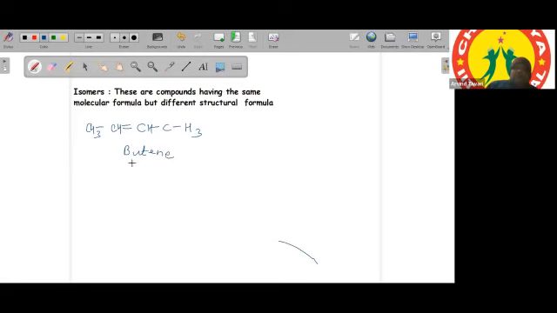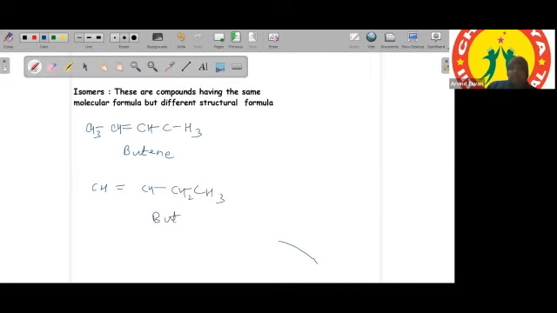Now the same formula I can draw like this also. It can be CH double bond C single bond C double bond CH. Let's have only one double bond. So here you also have CH, CH2, CH3. This is butene, and this is also butene.